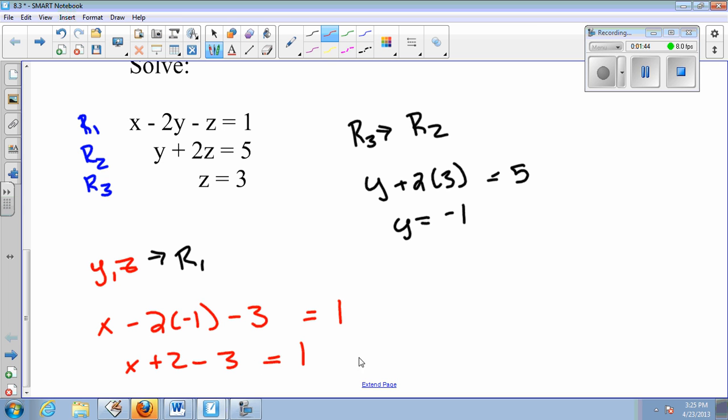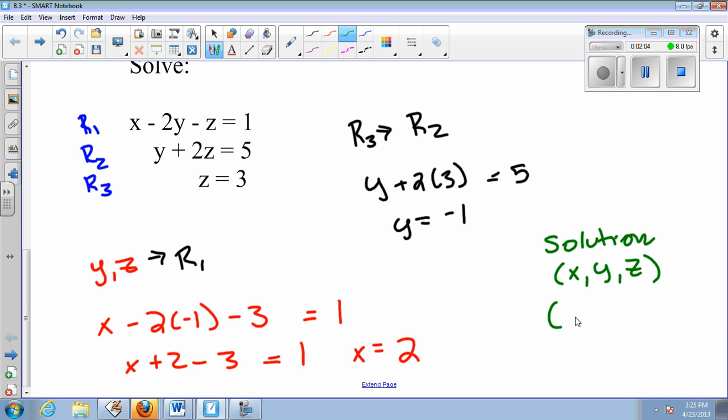So we get x to equal 2. We now have all 3 values, so our solution is a point on a graph with 3 axes, x, y, and z. We will not be graphing these, but it goes x, comma, y, comma, z, and you get 2, -1, 3.